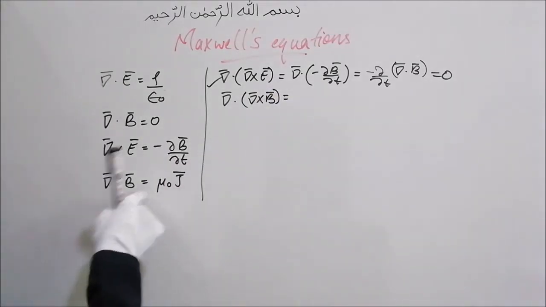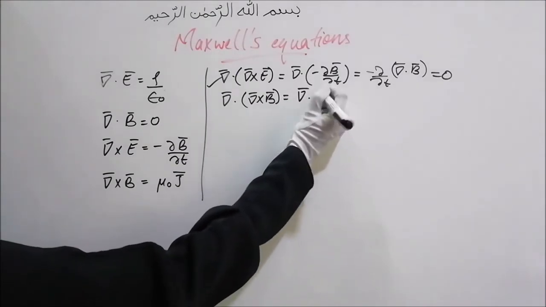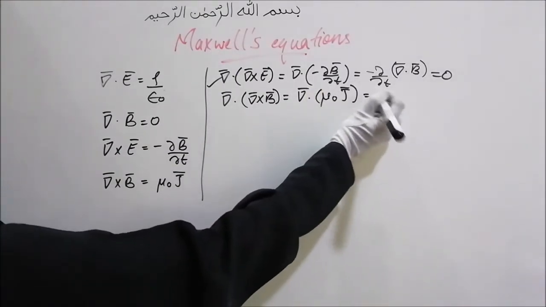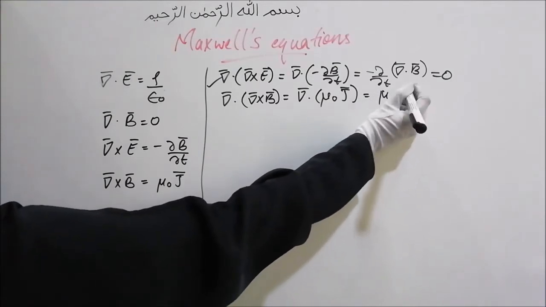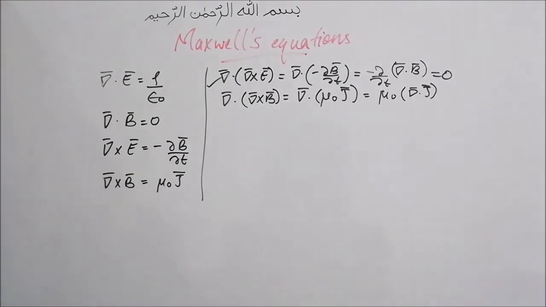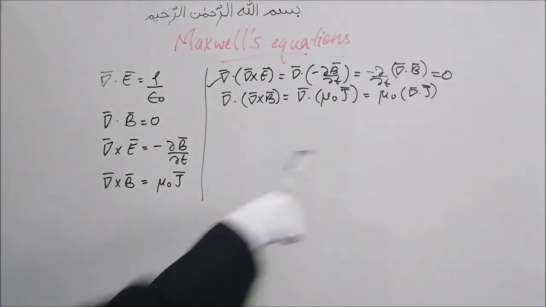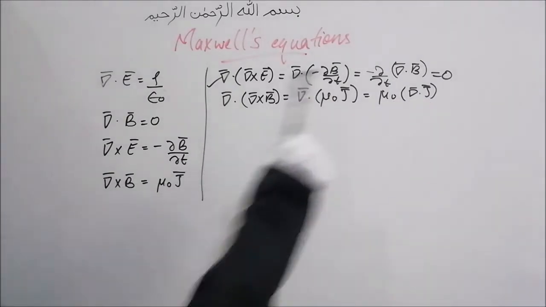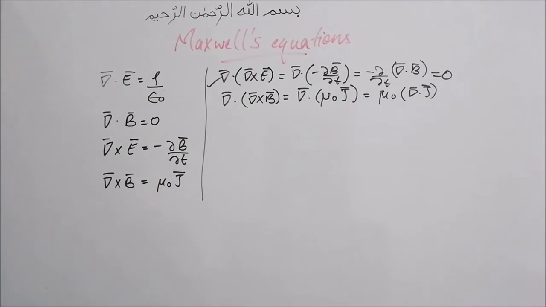But what is del bar cross B bar? It is mu naught J bar, so del bar dot mu naught J bar. So mu naught will come out and we have only del bar dot J bar. Here this J is the current density and del bar dot J bar is 0 only for steady currents.